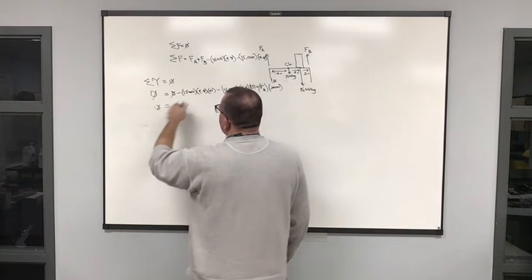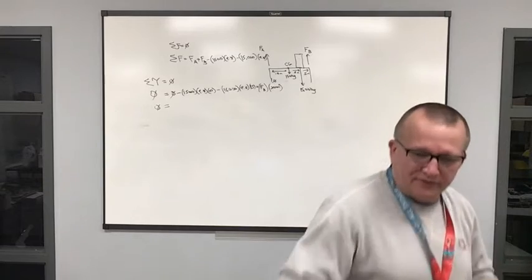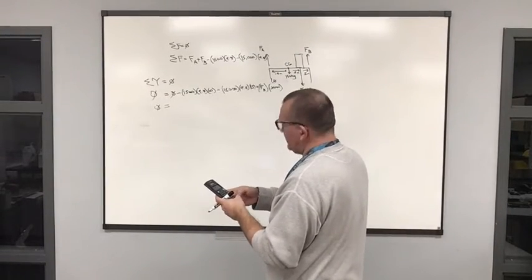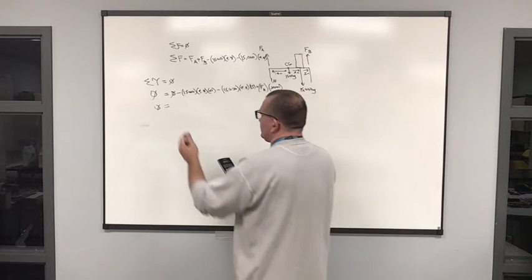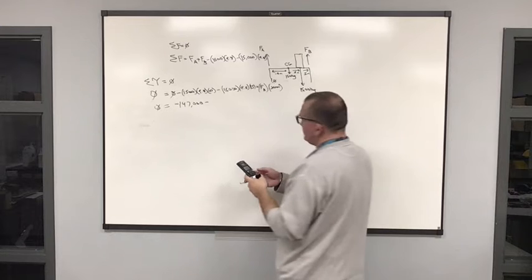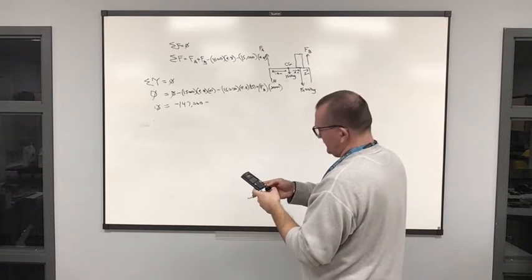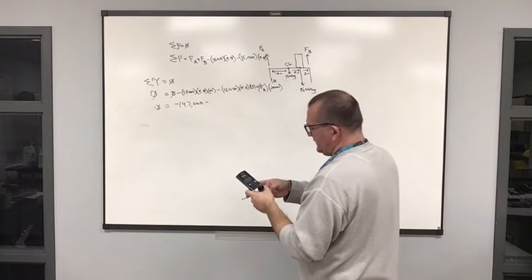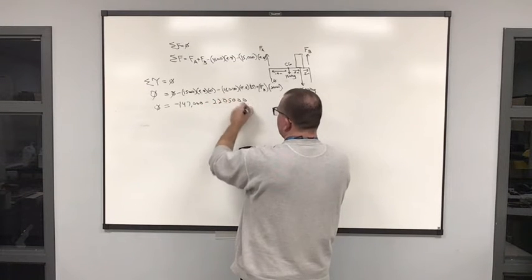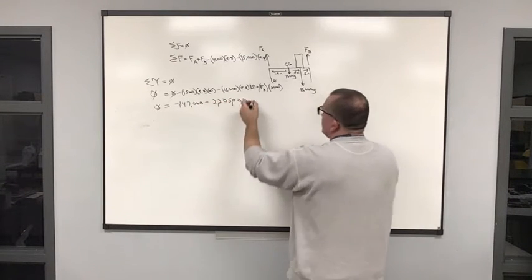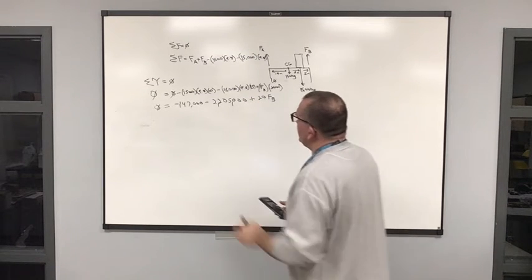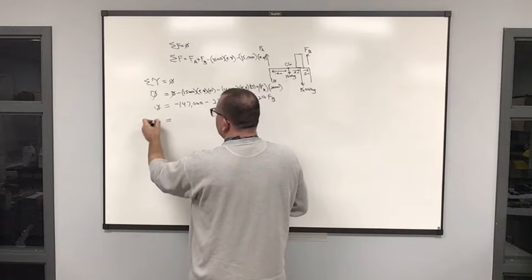So now I just plug and chug on my calculator. 1,500 times 9.8 times 10, negative 147,000, minus 15,000 times 9.8 times 15, which is 2,205,000, plus 20 FB. Combine like terms and solve for FB.